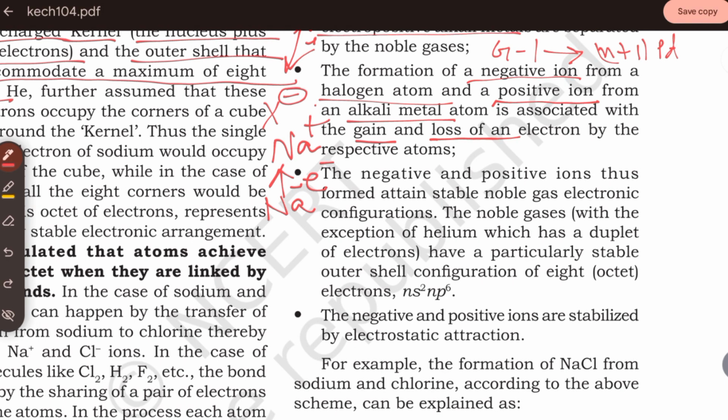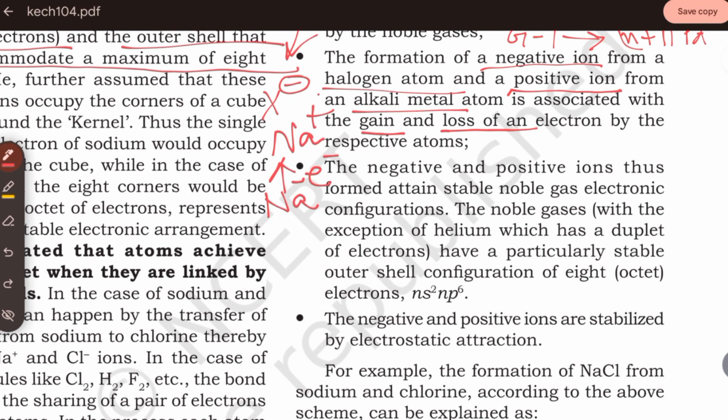Group 2 elements, alkaline earth metals like calcium, will have a tendency to lose 2 electrons and get Ca2 plus, which is a noble gas configuration. Noble gas configuration means octet configuration, ns2 np6, except helium, which has a duplet configuration, as I have told.